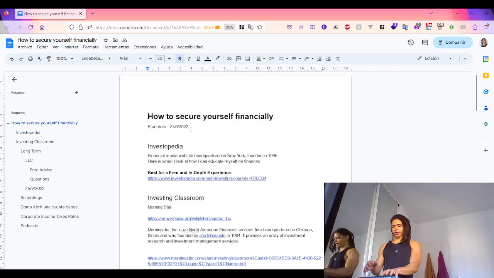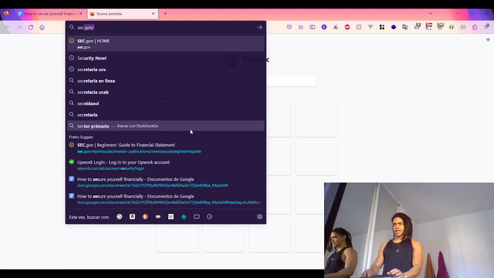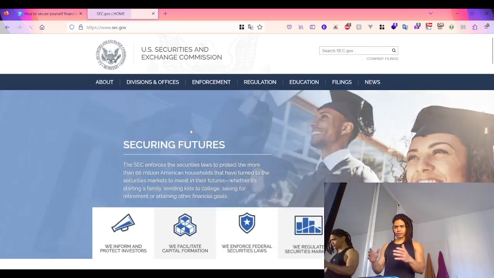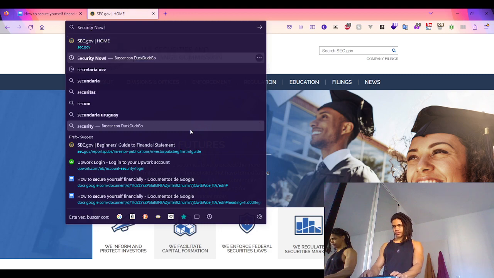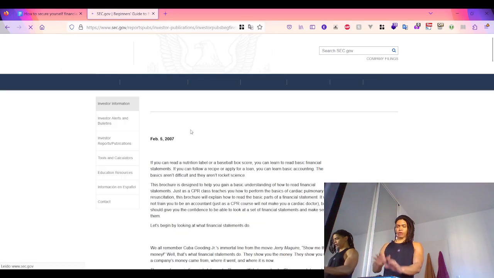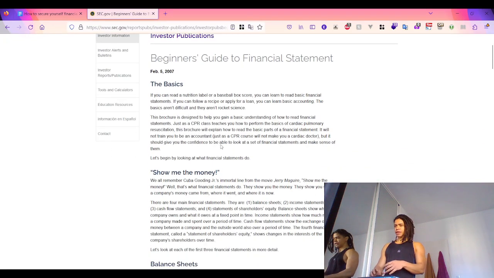So after I look at the SEC.gov beginner's guide to financial statements, it illustrates that if you're able to read nutrition labels or a baseball or soccer box score, you can learn to read the basic parts of a financial statement.